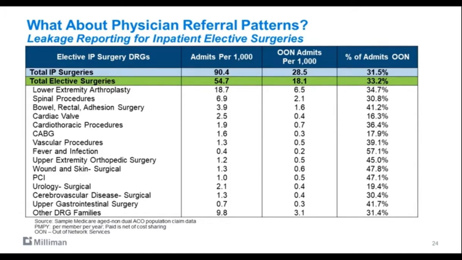The last key to this drilling and data mining is to consider another opportunity for revenue, and that is controlling leakage. If we go back to the cost model, what we often will do is take every single service line and tag every claim with whether it's an in-network or out-of-network provider.